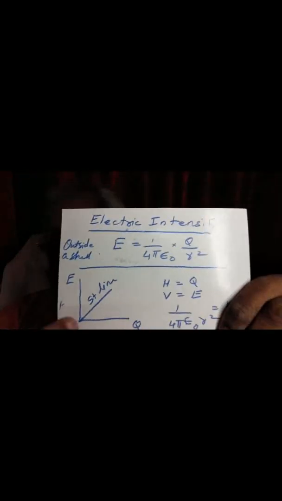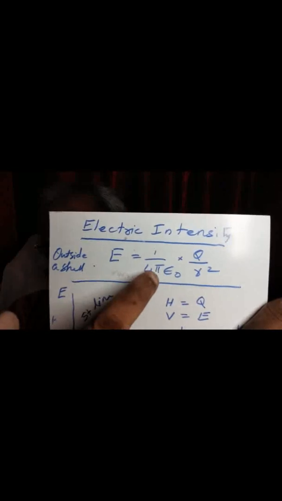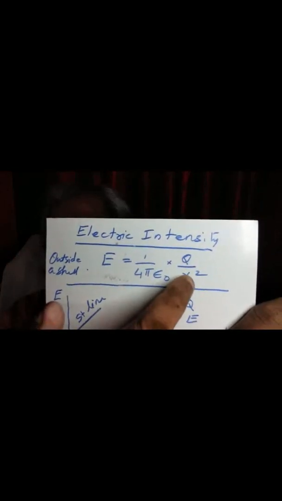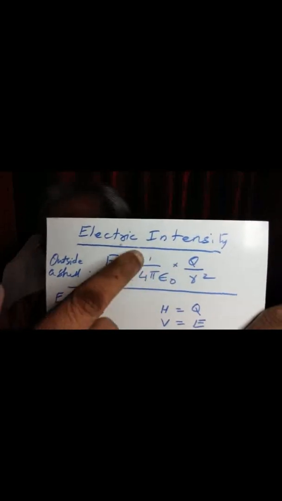So electric intensity due to a point charge is given by E equals 1 by 4 pi epsilon 0 into Q by R square. 1 by 4 pi epsilon 0 is a constant. Suppose you are asked to draw a graph between intensity and charge.